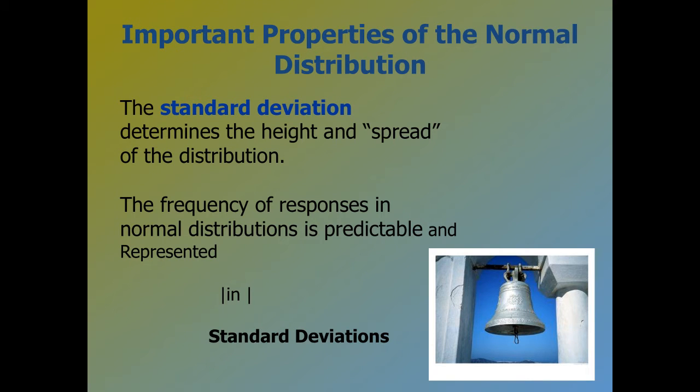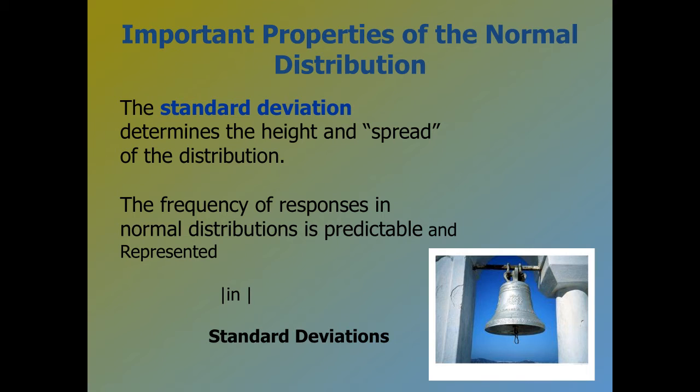The standard deviation. We learned how to calculate the standard deviation a few chapters back, right? From now on, we're going to use the standard deviation quite a lot. The standard deviation tells us quite a few things about the distribution. First of all, it determines how tall or how flat the bell curve is going to be.